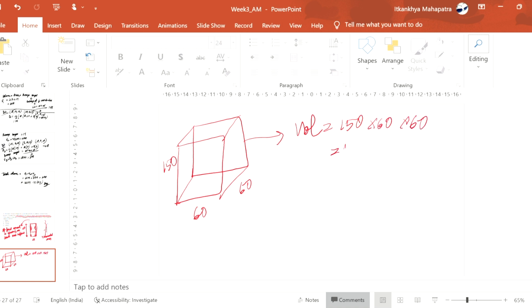This is 540,000. Now this is the entire support plus object. Now we need to find out only the volume of the object. After that we will get the volume of support material by subtracting.